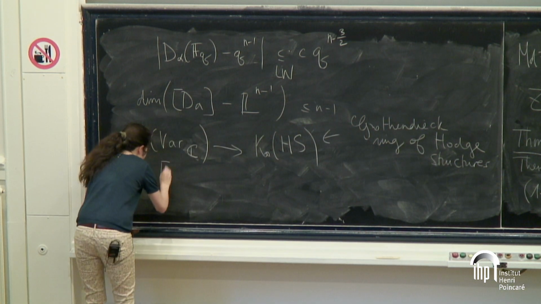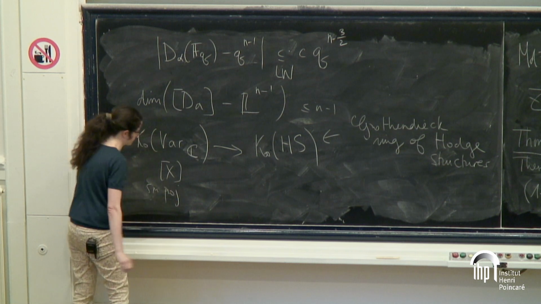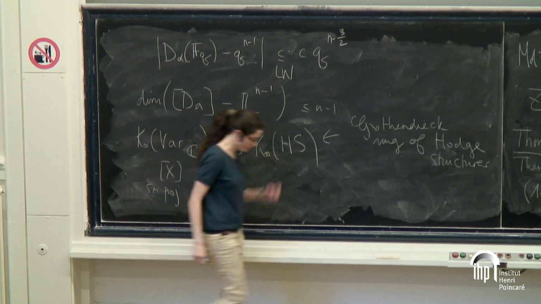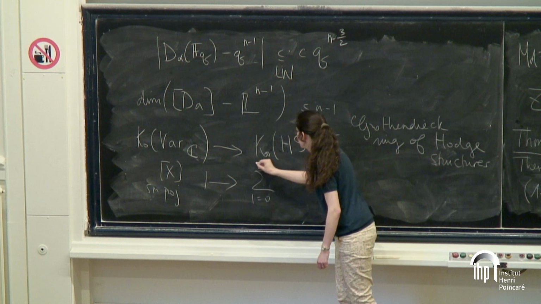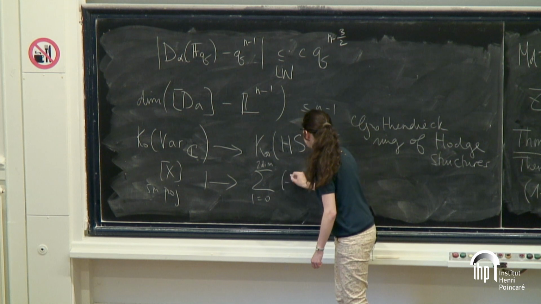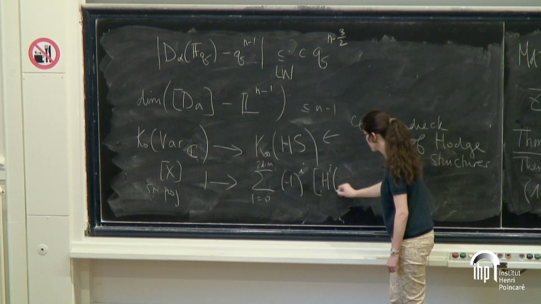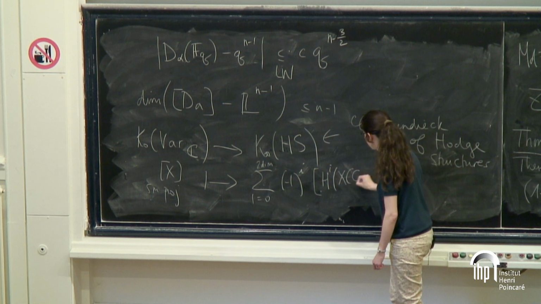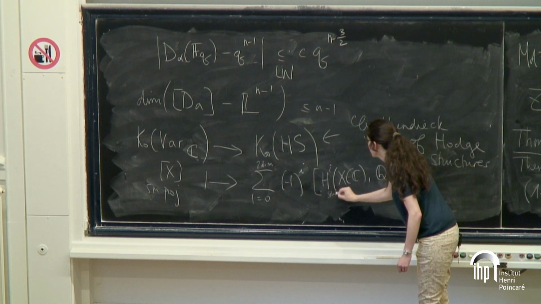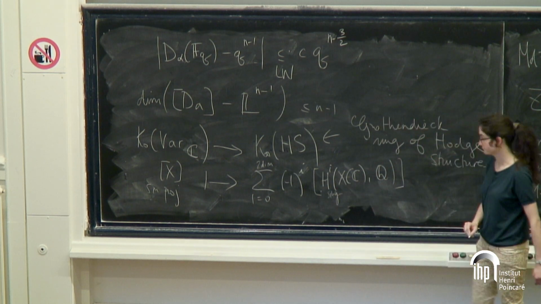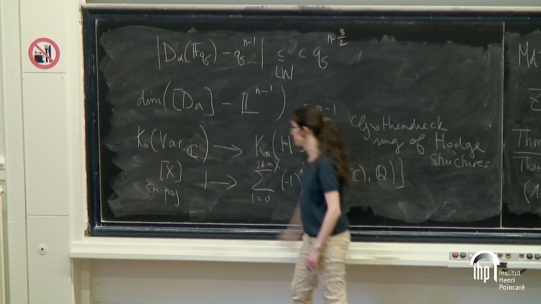Whenever I have x a smooth projective variety, I'll only define it for smooth projective because that's when it's easier to write out, I associate to it the alternating sum of the classes of the Hodge structures that I can put on the singular cohomology of x. This is well defined because the ring is actually generated by smooth projective varieties.